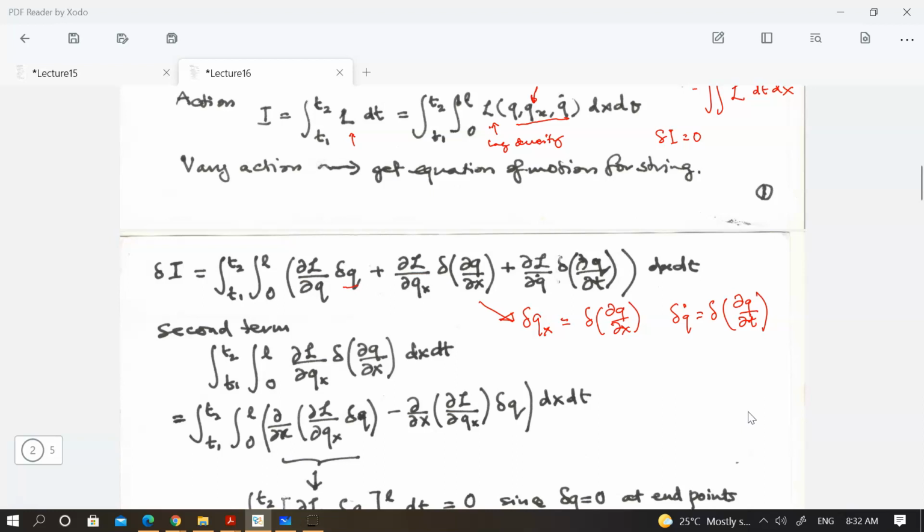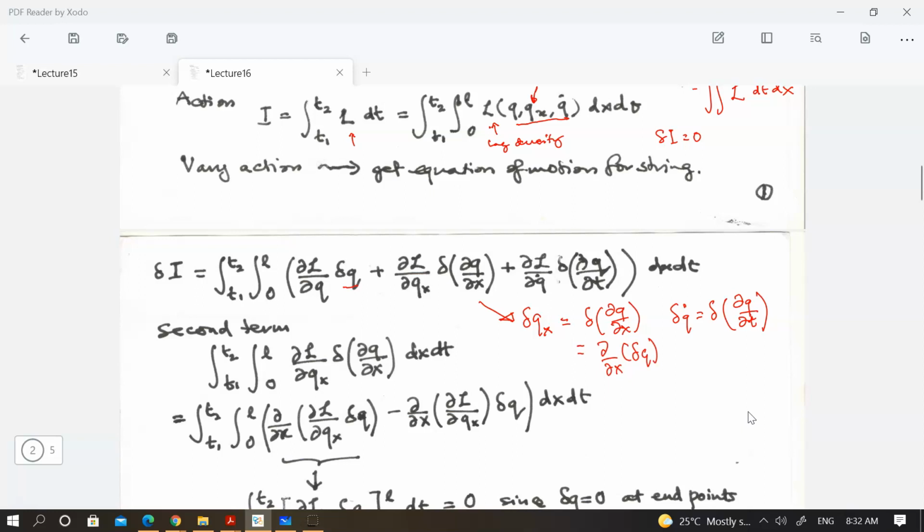For example, over here, it's not delta Q, it's delta Q_x. So what we do in this particular case is to think of this as equal to the x derivative of delta Q.